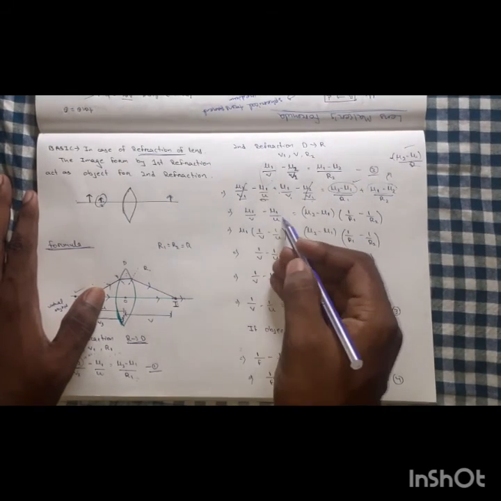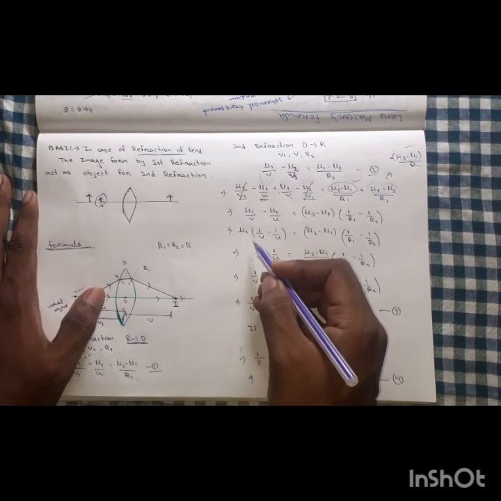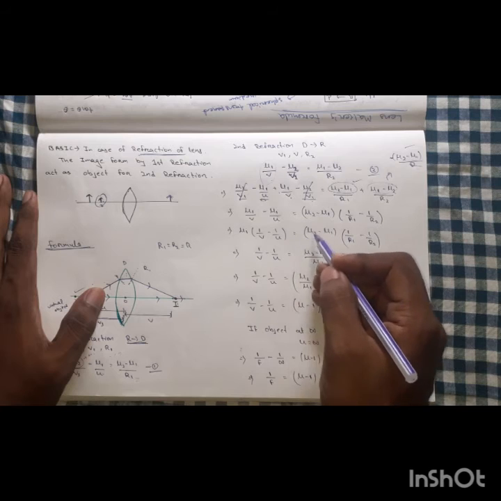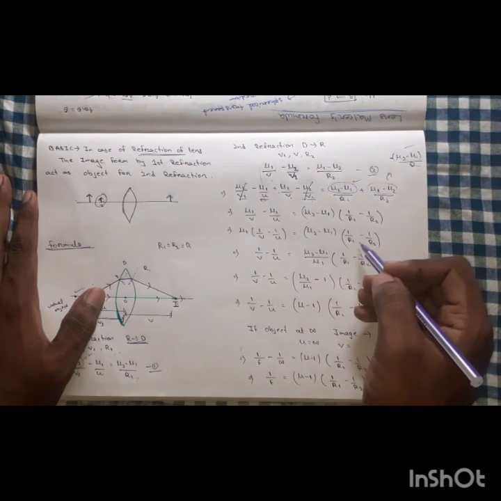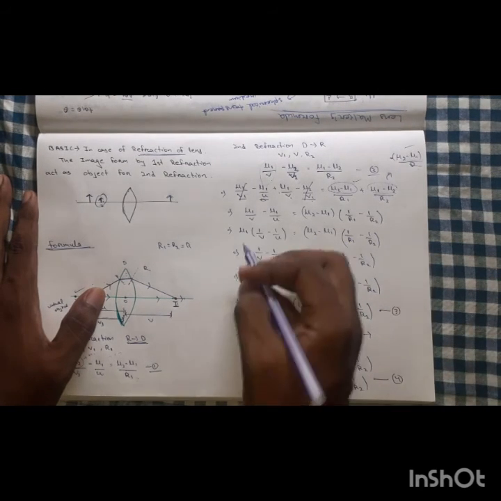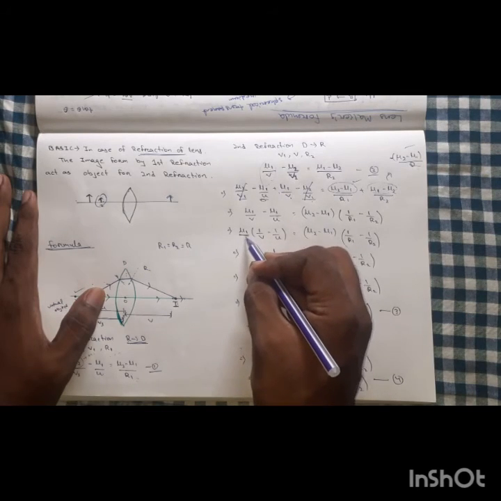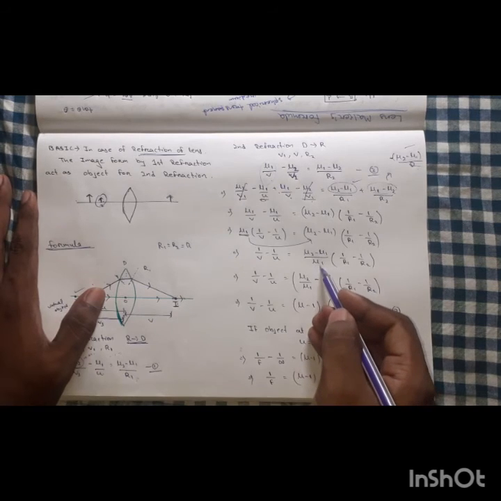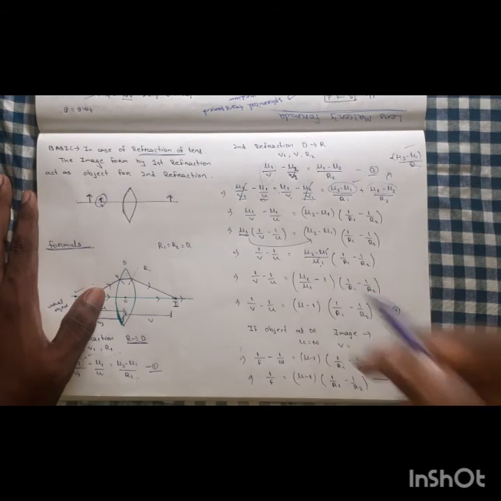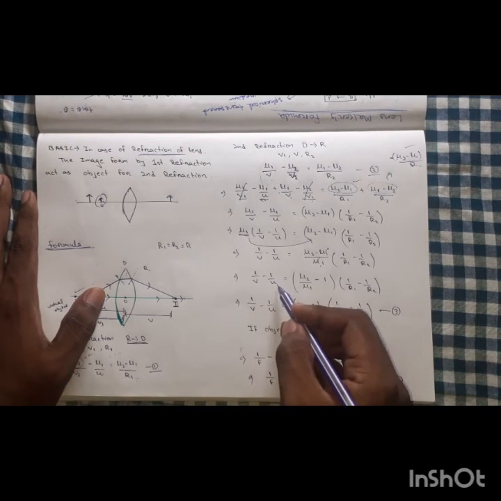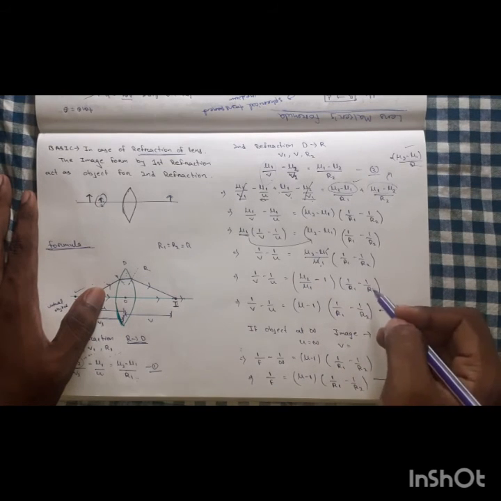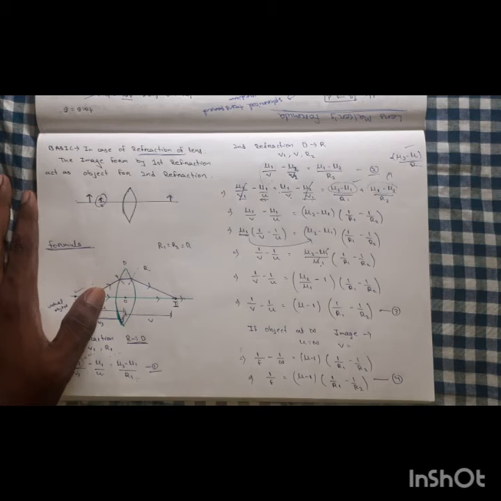Here also mu1 is common, 1 by v minus 1 by u equals mu2 minus mu1, 1 by r1 minus 1 by r2, and this is multiplied. If I put it from this side, it will be divided, and it will cancel: 1 by v minus 1 by u equals mu2 by mu1 minus 1, times 1 by r1 minus 1 by r2. Then here will be the condition.